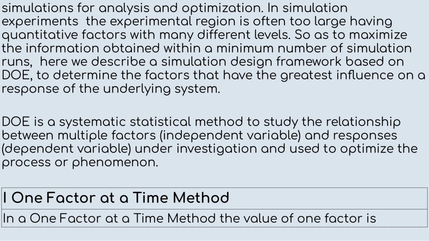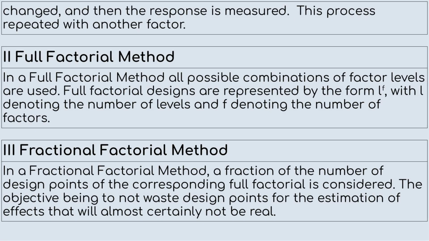So we start with one factor at a time method. In a one factor at a time method, the value of one factor is changed and then the response is measured. We keep repeating this process by taking another factor.